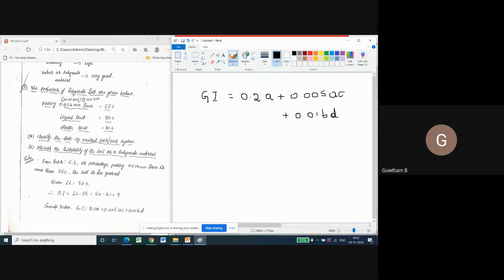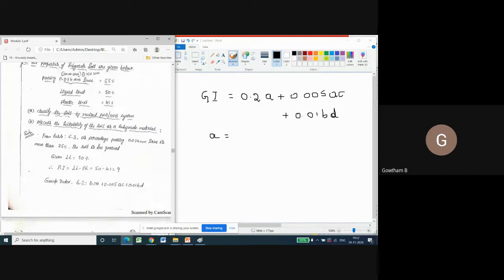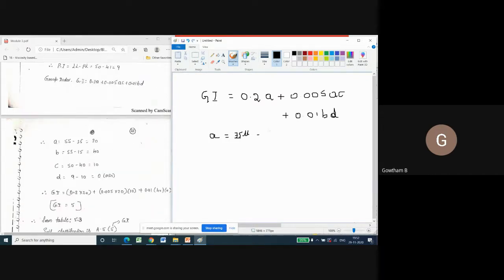But before explaining that problem, I want to calculate A, and I hope you know what to do. To get the A value, you have to take the percentage of soil passing through the 75 micron sieve minus 35.